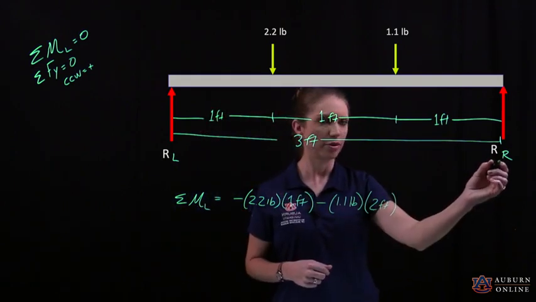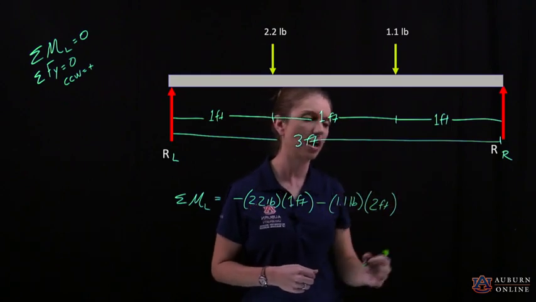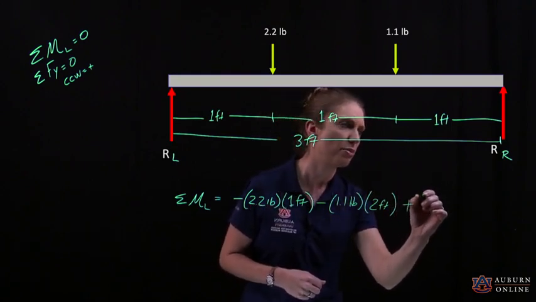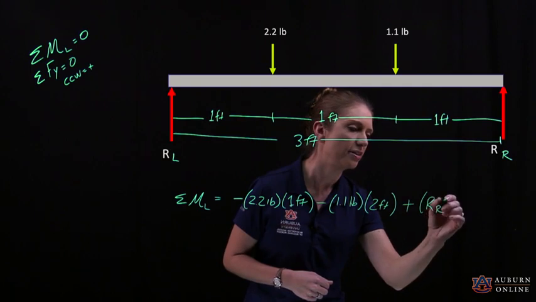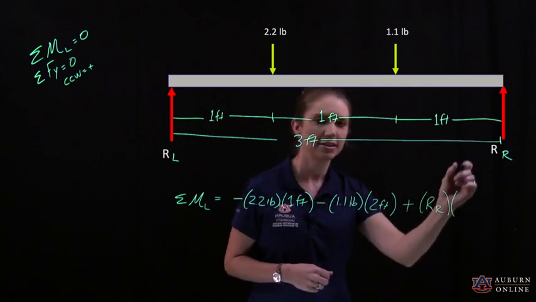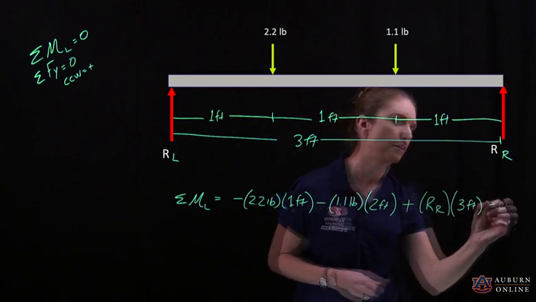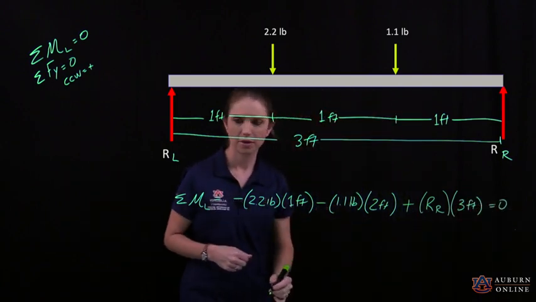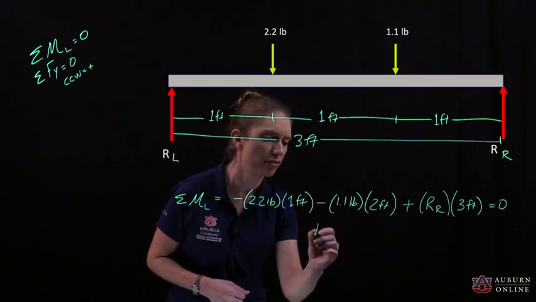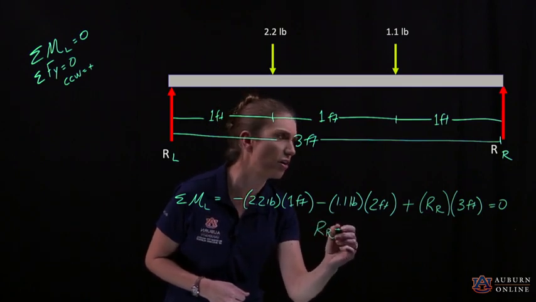And then we have a support on the right-hand side, which will produce a counterclockwise moment, so this one will be positive. Our right-hand support reaction times the entire length of the beam, which here is 3 feet. We'll set that equal to 0.